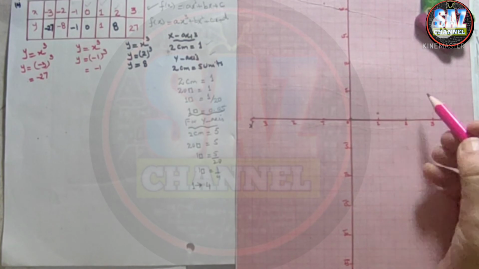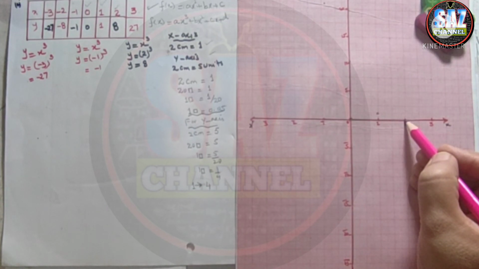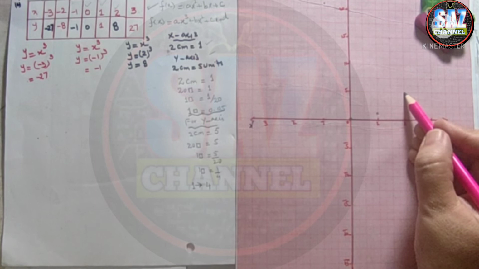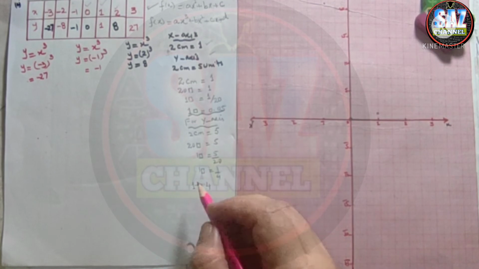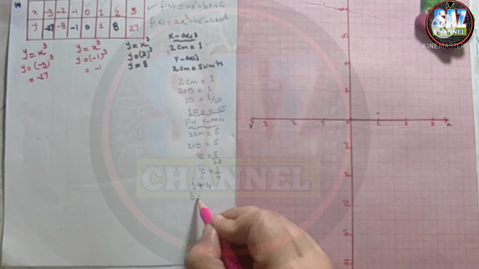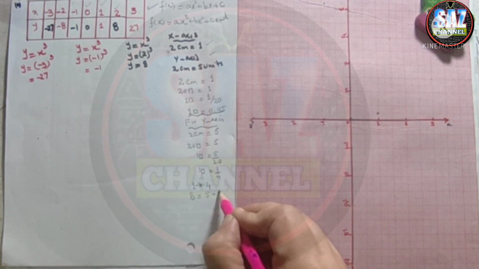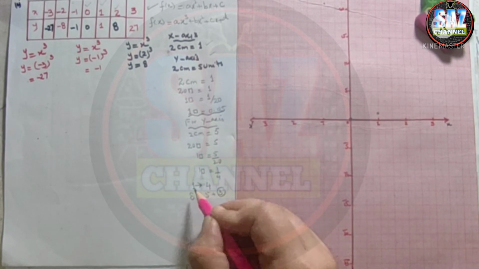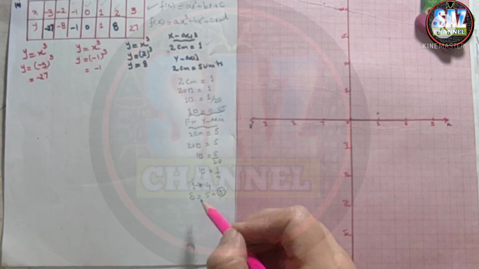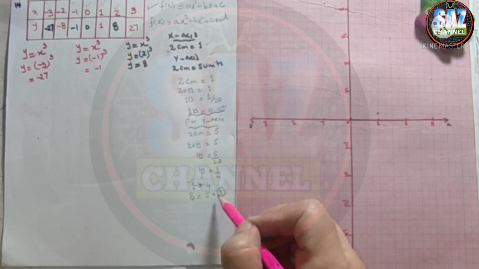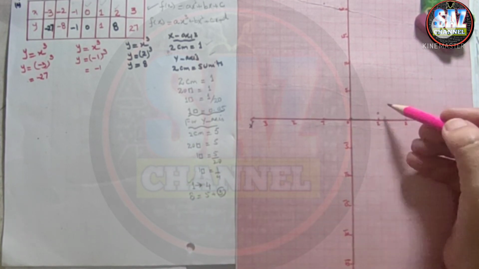So first I have to reach at 2, and then it has to be after 5. We know that for 1 we need 4 small blocks. Okay, 8 is 5 plus 3. So for 1 unit on the y-axis we need 4 small blocks, and for 3 units we will need 12 small blocks.